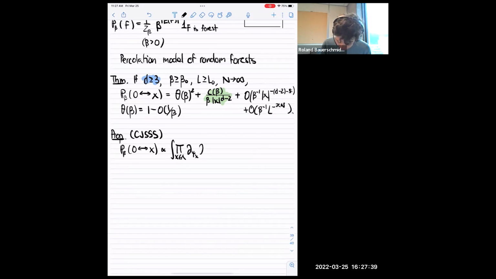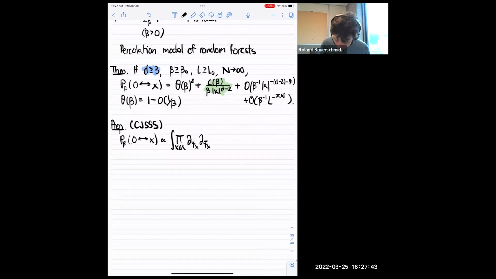So, this is as before, and then, well, this X is not the same as this one. I hope this, well, maybe I should use a different letter here.